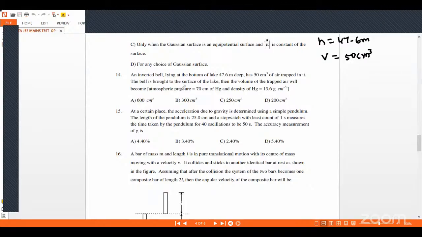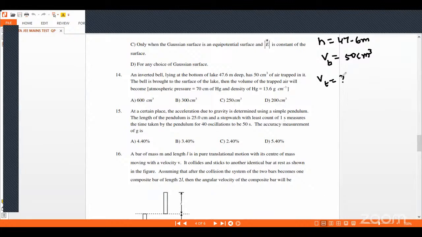The bell is brought to the surface of the lake. Then the volume of trapped air will be, at the top, what is the volume they are asking. In this lake, the temperature will be constant.